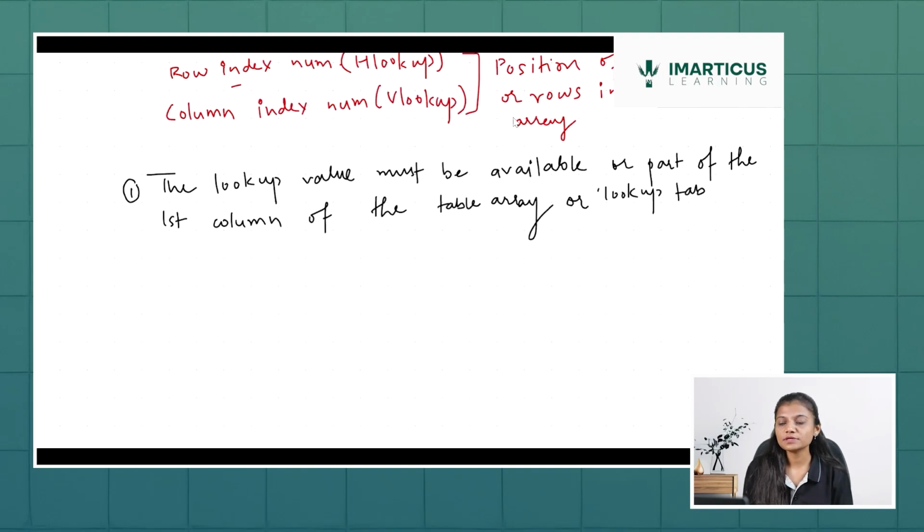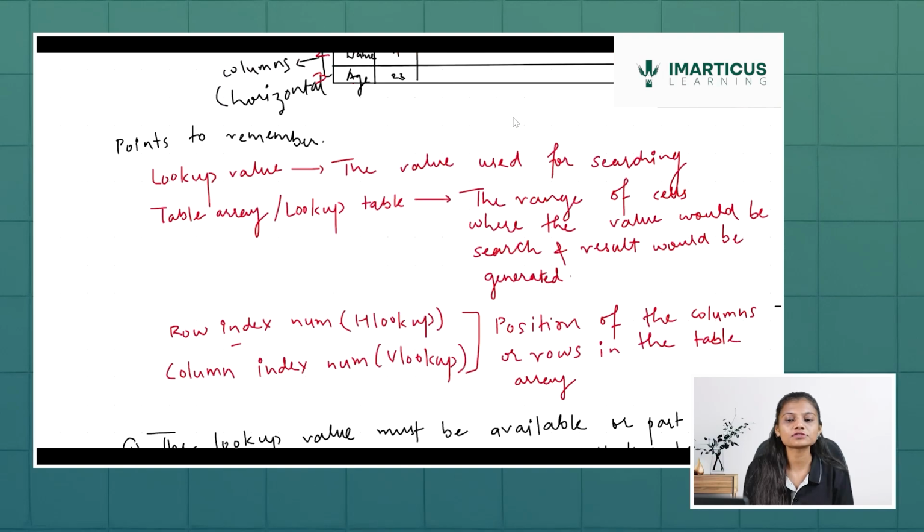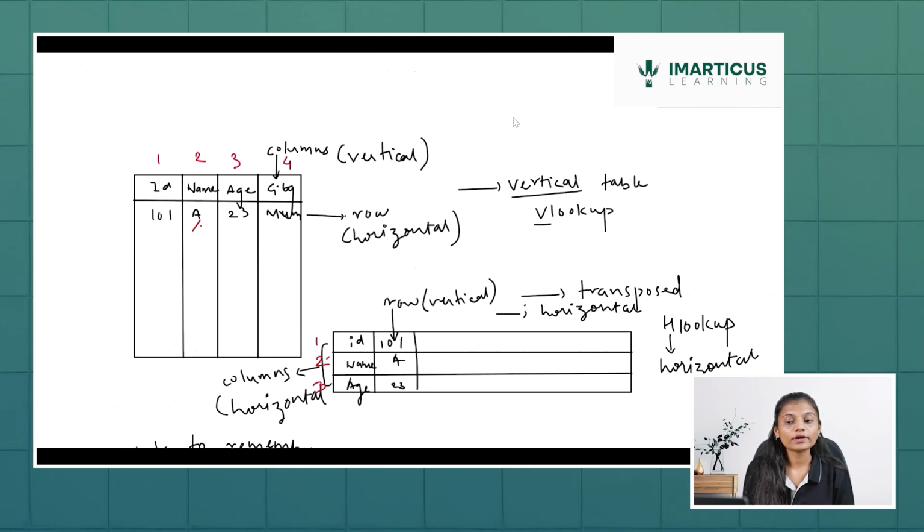Now what does this mean? Imagine that I am searching the data on the basis of their IDs. So in the table array, let's say 103 is my lookup value. So 103 should be searched in the first column of the lookup table or the table array.